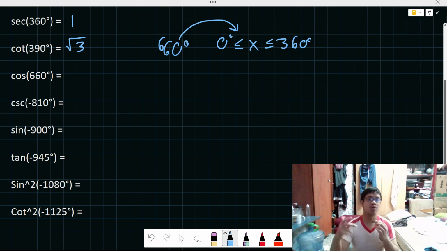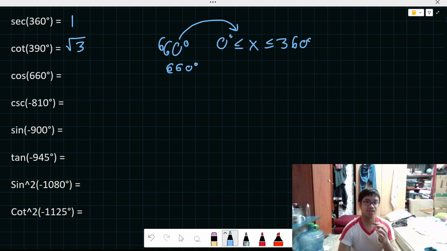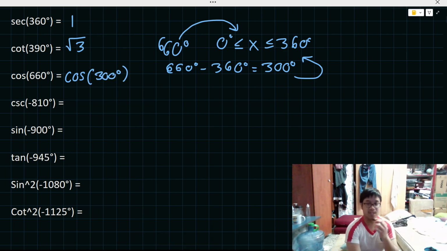Since it's more than 360 degrees, we subtract 660 degrees by 360 degrees. You will have 300 degrees. That 300 degrees is located in this interval, so cosine of 660 degrees is equivalent to cosine of 300 degrees.